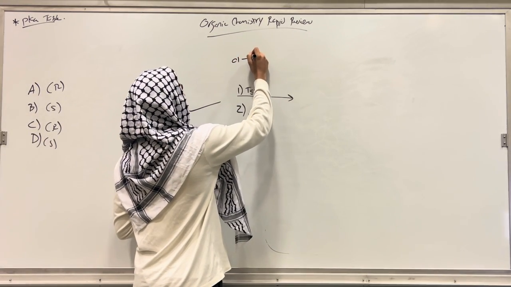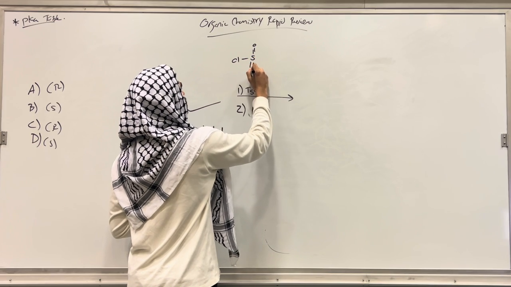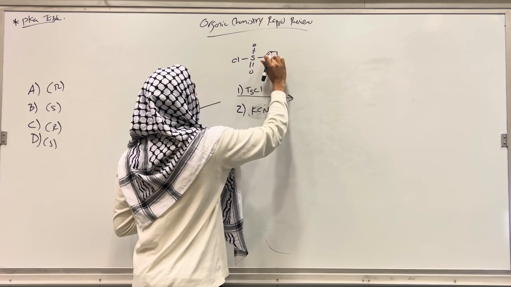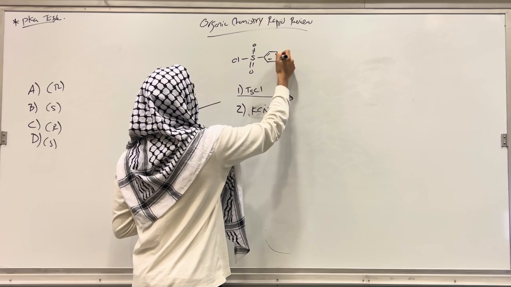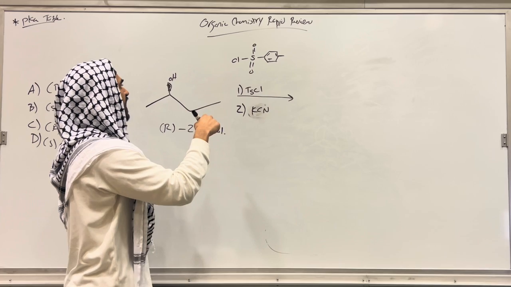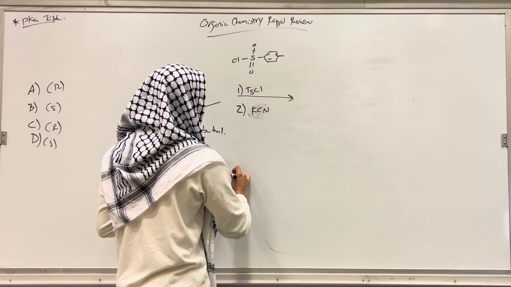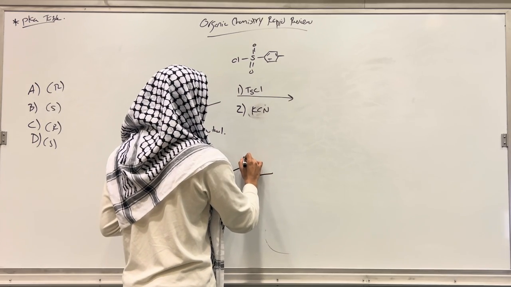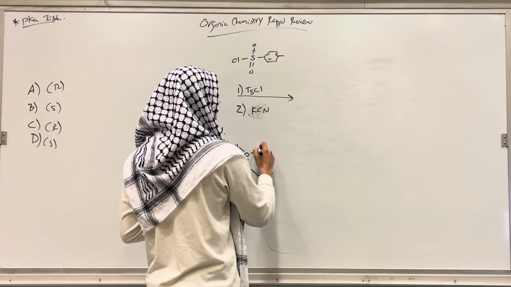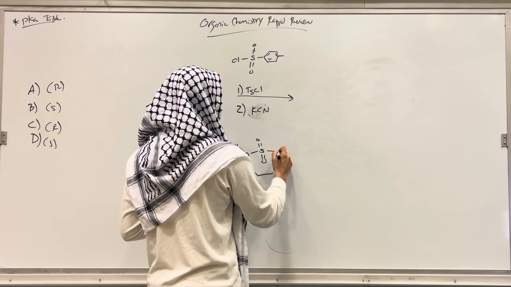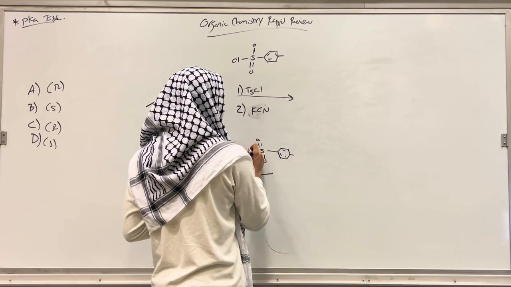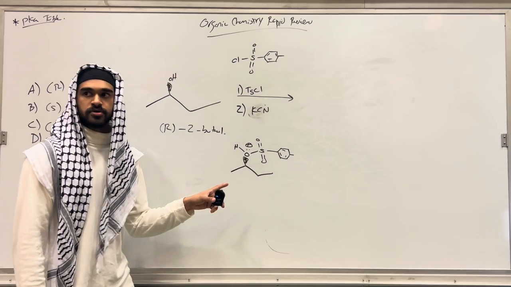Well, here's tosyl chloride, and when it reacts, the intermediate's going to look like this, and now you see how that's a good leaving group?